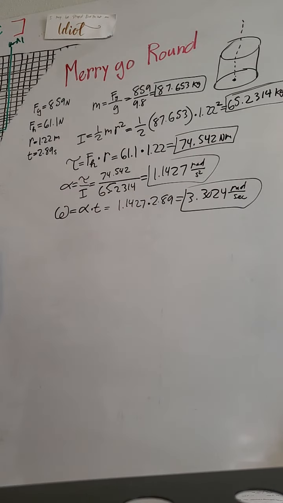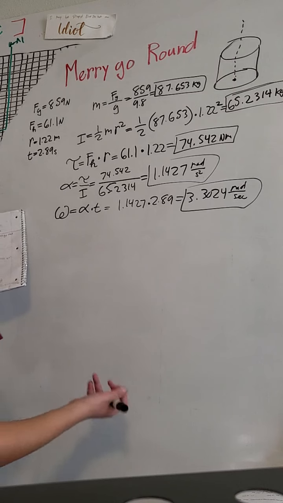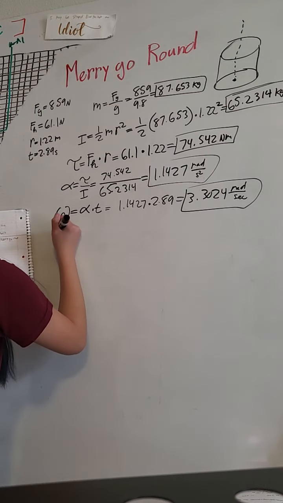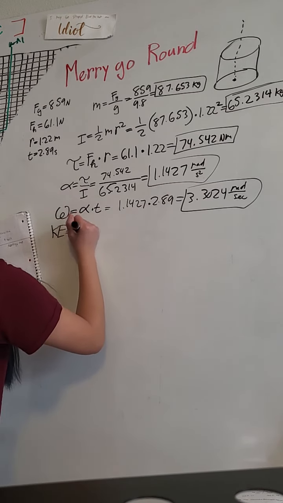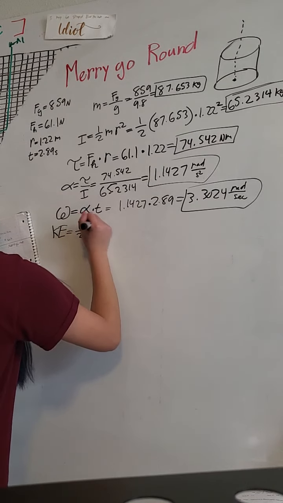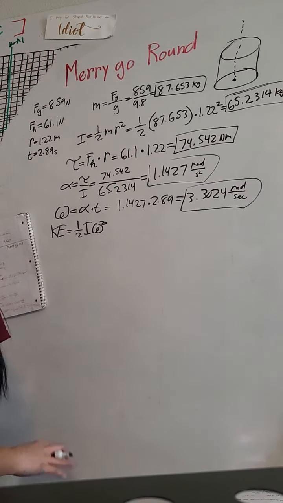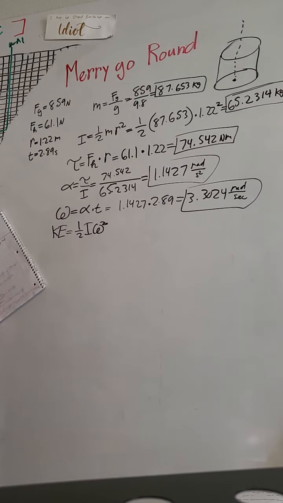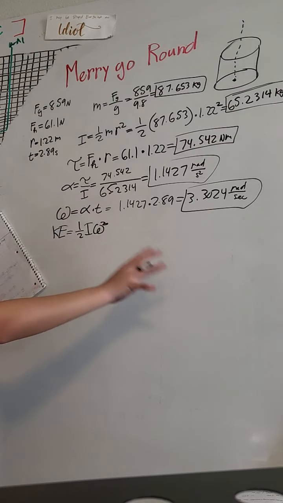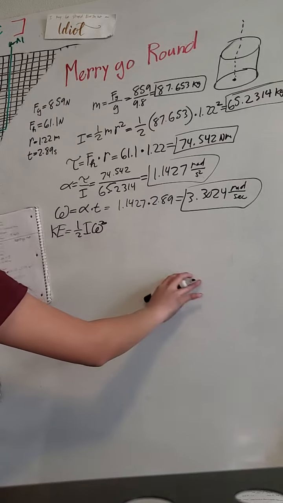Finally, now we're able to find the kinetic energy. Kinetic energy is equal to 1/2 I omega squared, and that should come off your formula chart right here. I think all of these are either on your formula chart, or you can derive them from your formula chart with simple algebra.